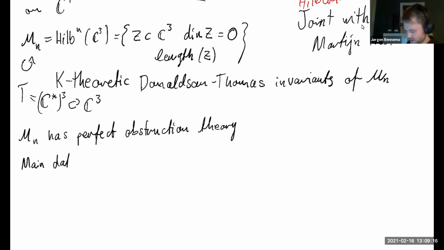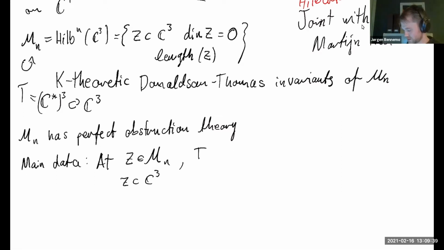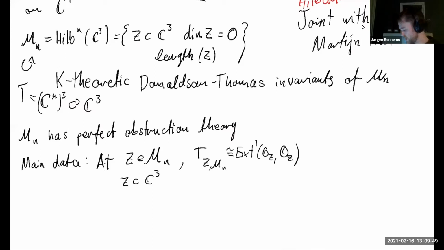But the main data of this is we specify at each point Z in Mn, here Z is a closed subscheme of C3, the tangent space, which is isomorphic to Ext^1(O_Z, O_Z). And then we have the obstruction space.